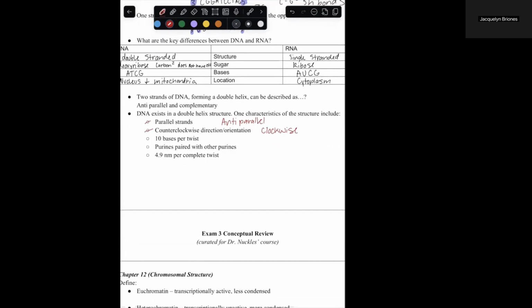Purines base with other purines, we know that's wrong because purines base with pyrimidines.